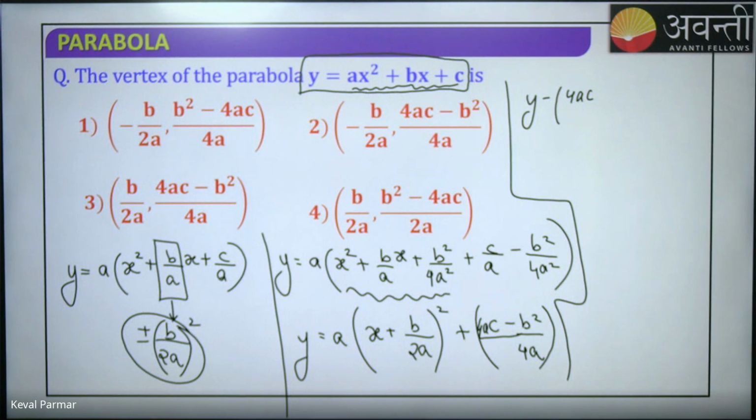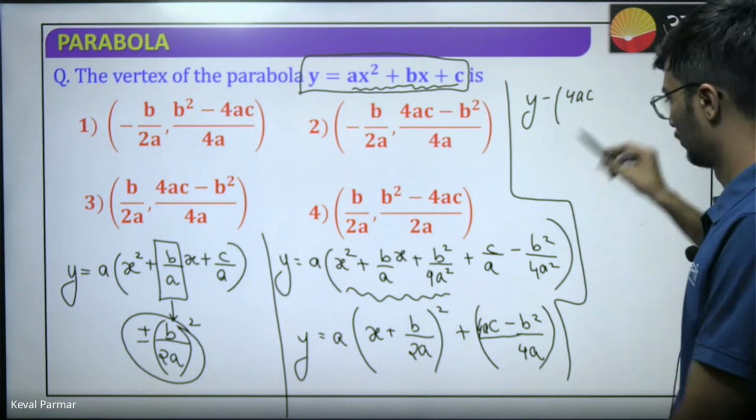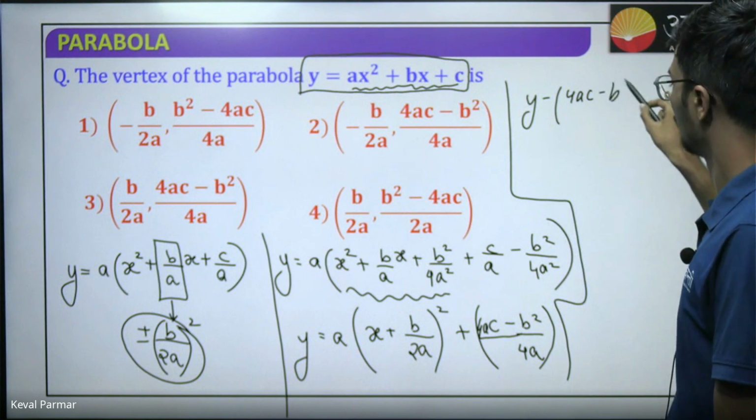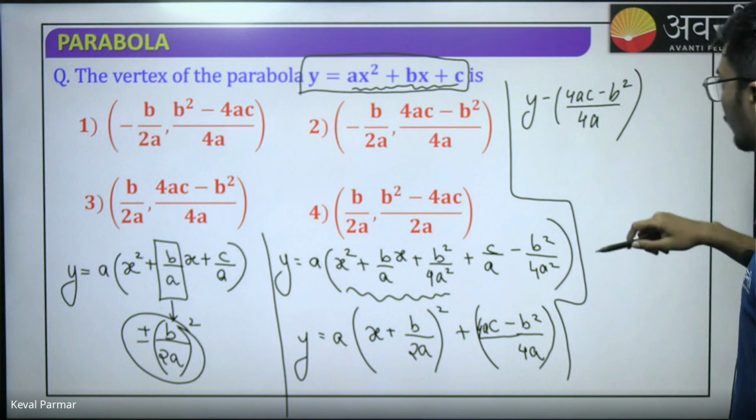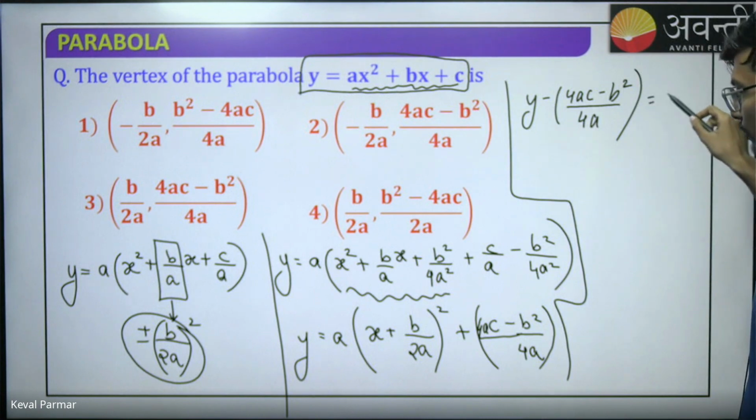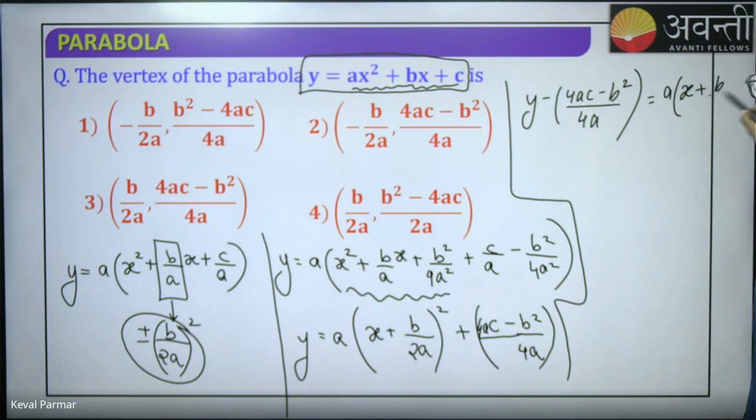Are we making a mistake anywhere? I think not, right? Yeah. y minus (4ac minus b square) upon 4a is equal to a into x plus b by 2a the whole square.